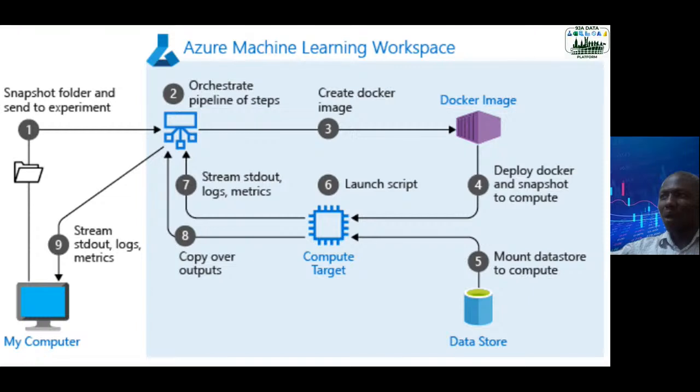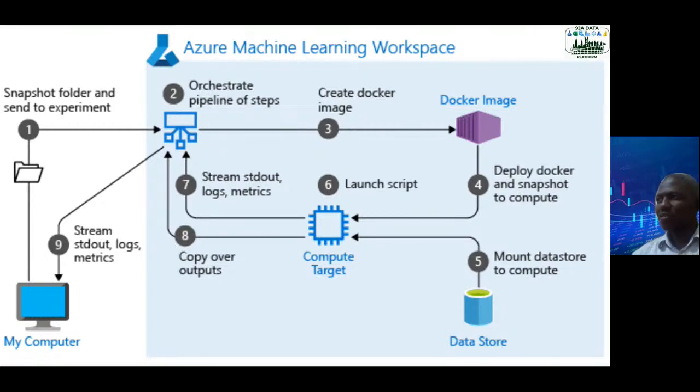So your pipelines are being orchestrated here, in your machine learning workspace. We can see here that our machine learning workspace is like a one-stop shop to oversee all our machine learning activities. It also enables us to reuse that same space.